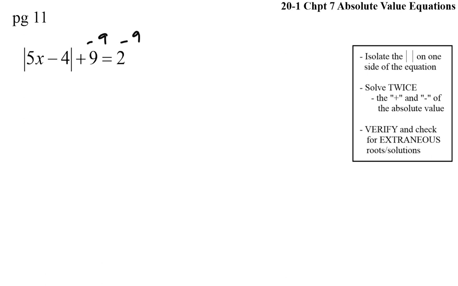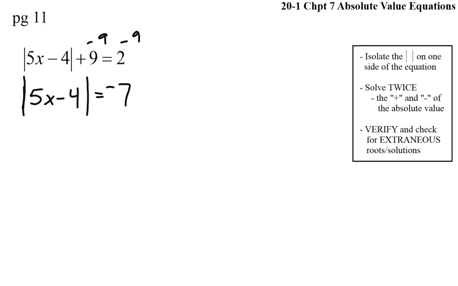Subtract 9, so we're left with absolute of 5x minus 4 equals -7. Well, what are we going to do here? I'll be honest with you, we're not going to do anything. You need to learn to recognize a situation like this. What's the problem?